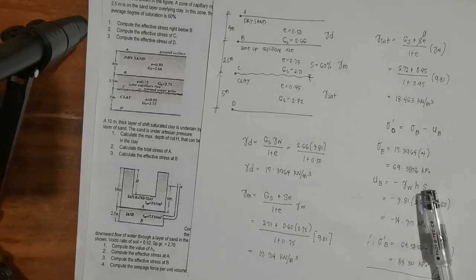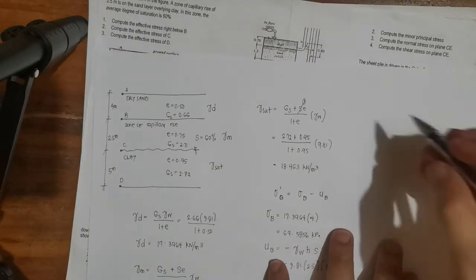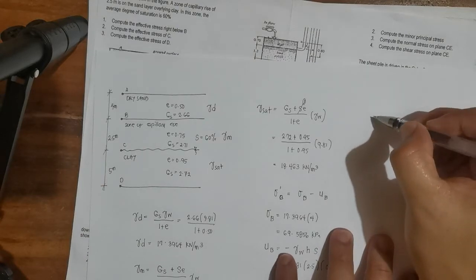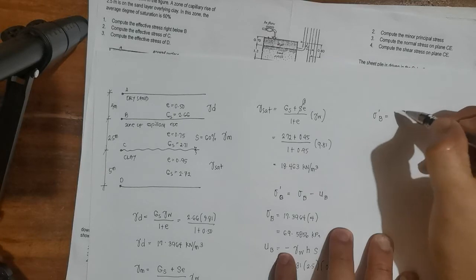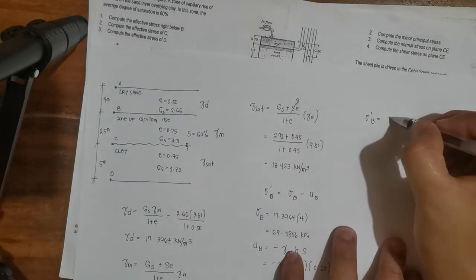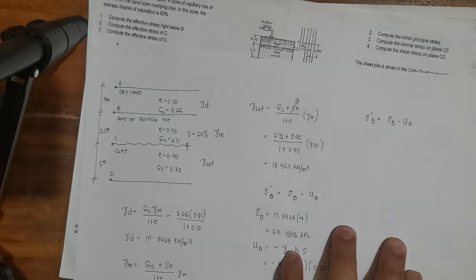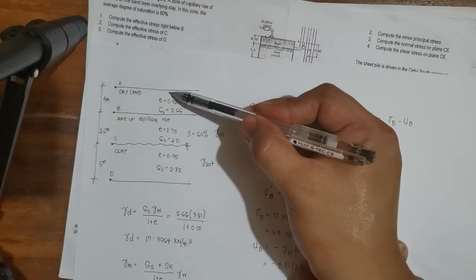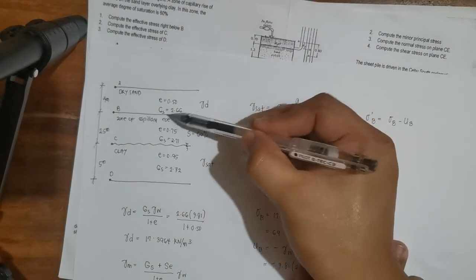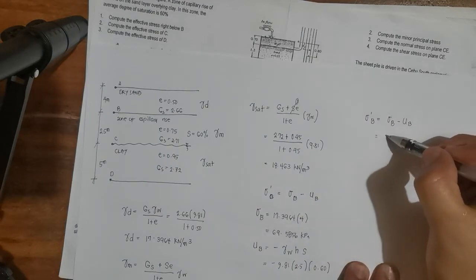Yung walang degree of saturation. When that happens, so additional question, so effective stress at point B is equivalent to total stress at point B minus water pressure at point B. So that will be equivalent to total stress at point B from ground surface to point B. Parang kanina lang. The same dito.